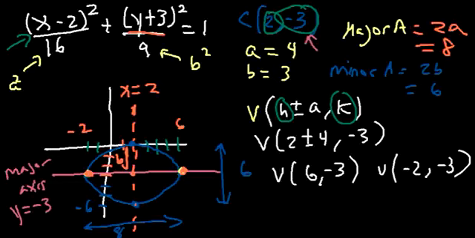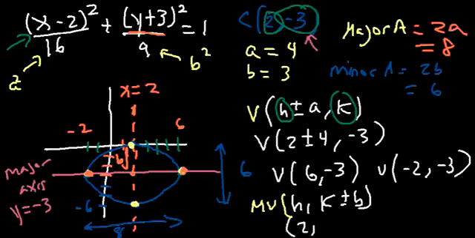Now, if we wish to find the minor vertices, or the endpoints of the minor axis, which is right here, we can use this equation. I'm going to put MV for minor vertices. It's going to be h, comma, k plus or minus b, because we added and subtracted b to the y coordinate of the center.